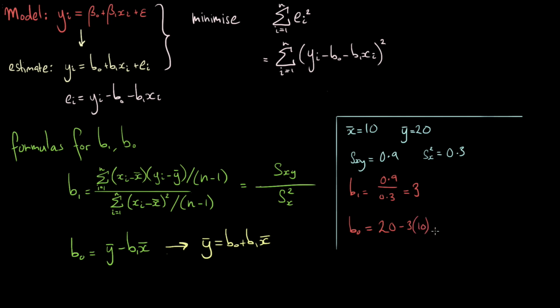So it's going to be 20 minus 30, which is going to be negative 10. And so we can report our estimating equation. Under this model, I've computed my estimates for beta 0 and beta 1. And I can say, okay, yi is going to be equal to minus 10 plus 3 times xi plus some error term.